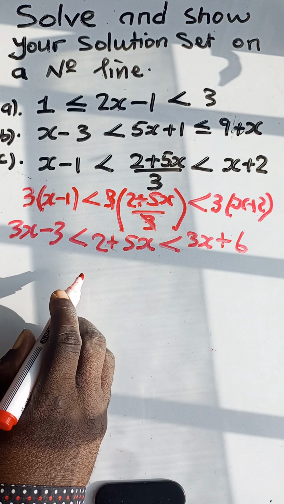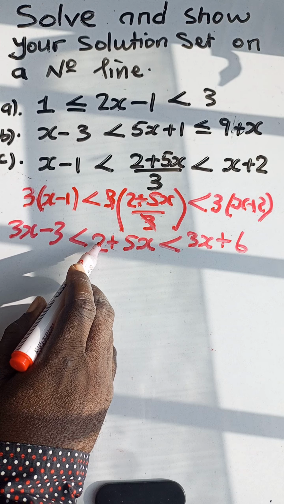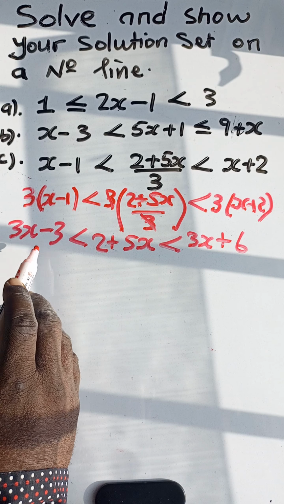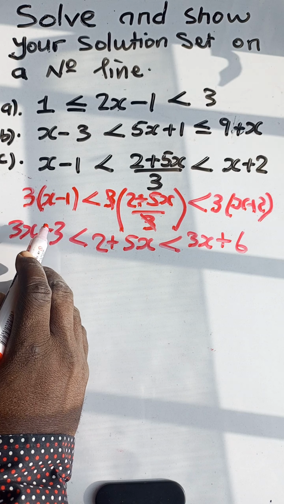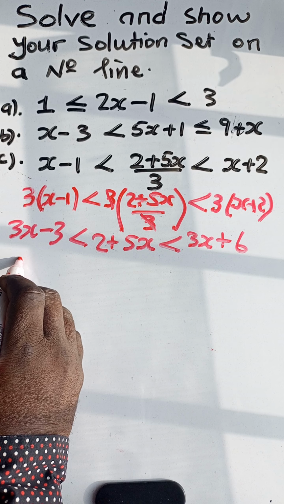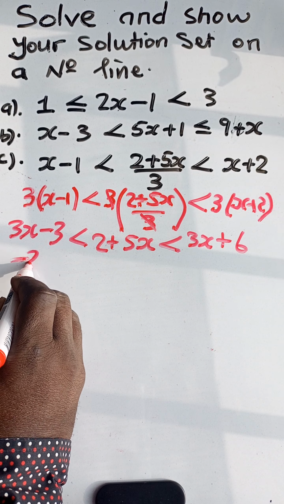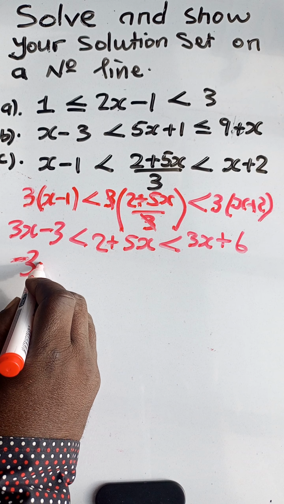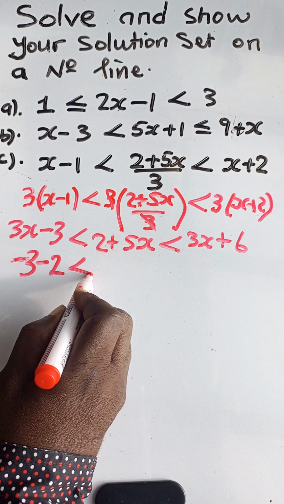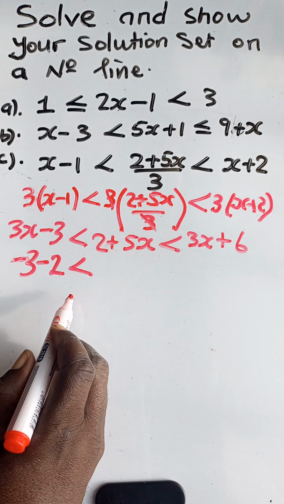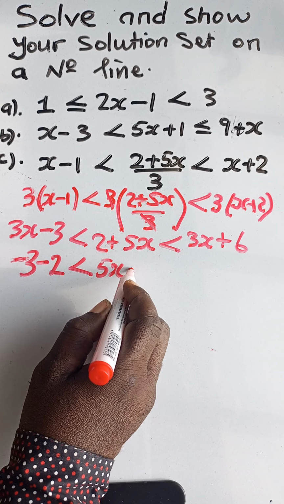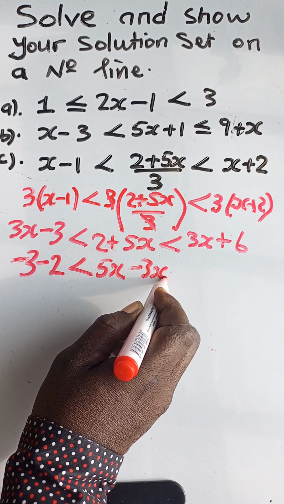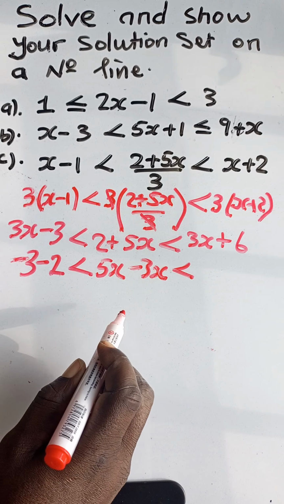Now what do we do here? We take this 3x inside and take this positive 2 this way. This is positive 2, coming out will be negative 2. This negative 3 remains. This positive 2, bringing it this way, becomes negative 2, less than 5x. And this positive 3x, taking it that way, becomes negative 3x, less than.